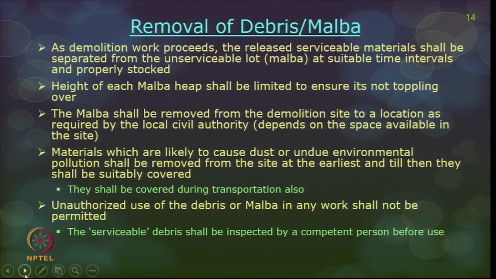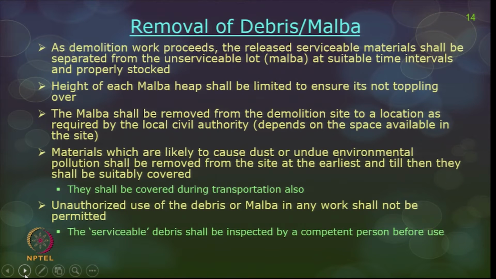Removal of debris and Malba. There are actually two terms which come together. Debris is actually the serviceable component, and Malba is a component which has to be trashed or thrown away. As soon as a demolition work keeps going on, and after it is complete, the released parts are generally classified into two categories.